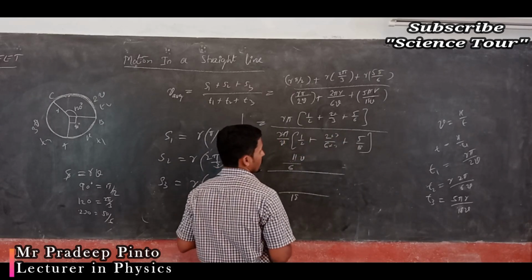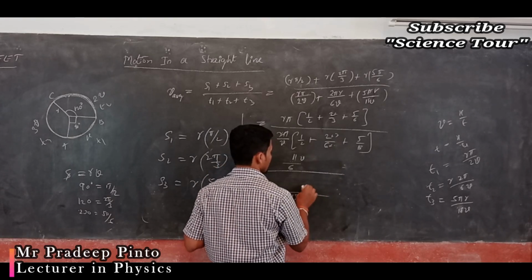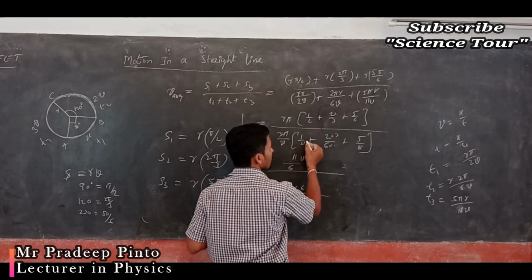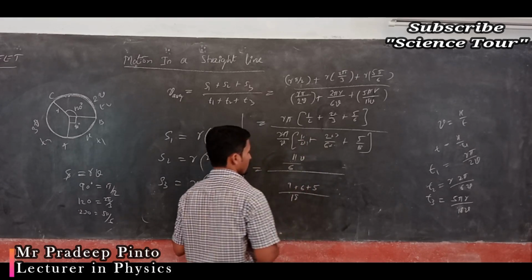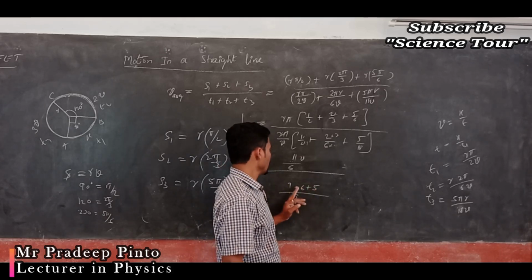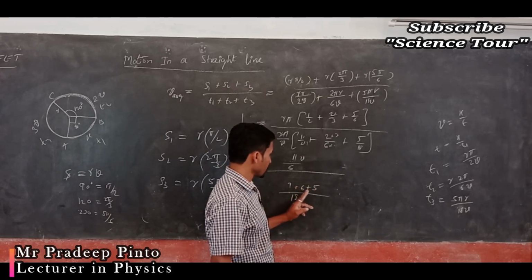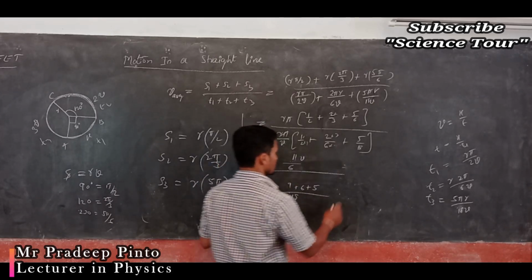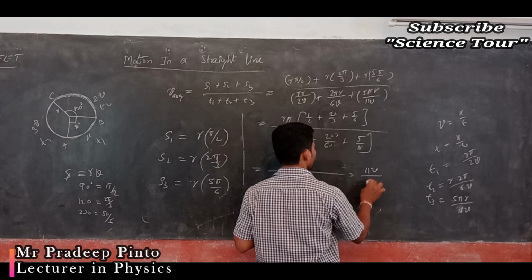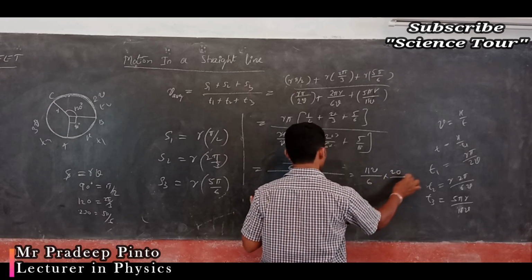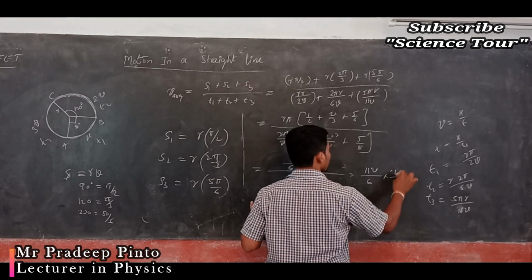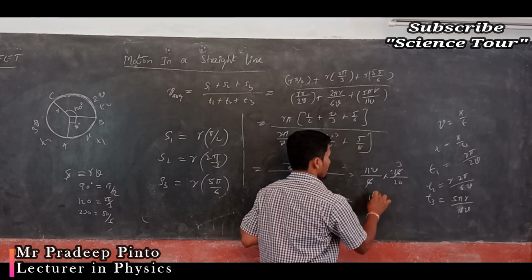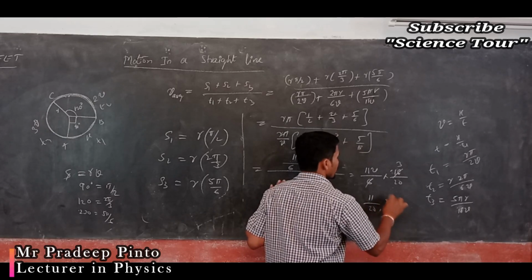So the answer is 11 divided by 20, into V, like this.